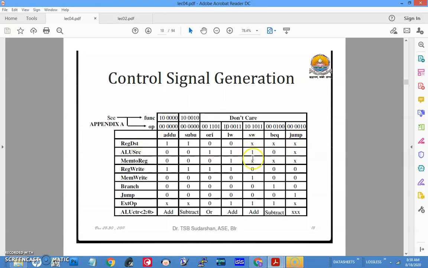But if you check MemWrite, it is 1 because store word is writing to memory. Likewise, you need to answer yourself why certain bit positions are 1, why certain bit positions are 0, and so on. What are the questions that can be asked from this slide? We may ask you to write the value of the control signal MemWrite for the instruction load word.